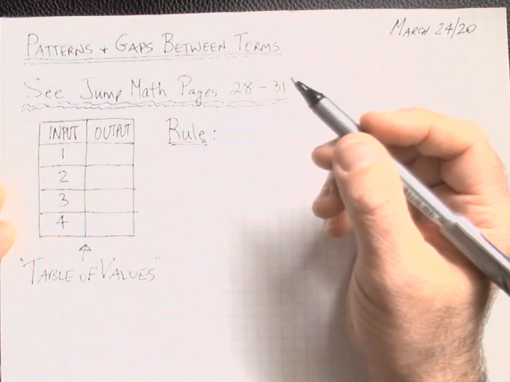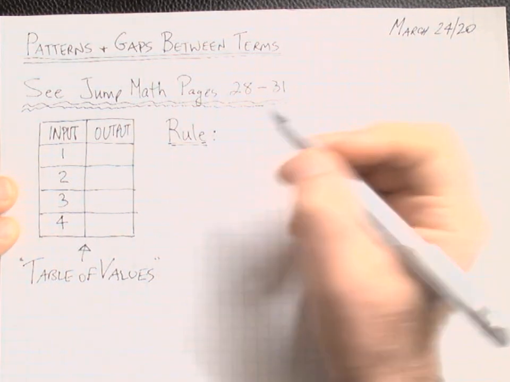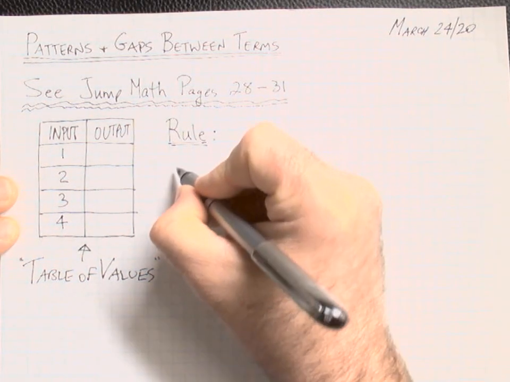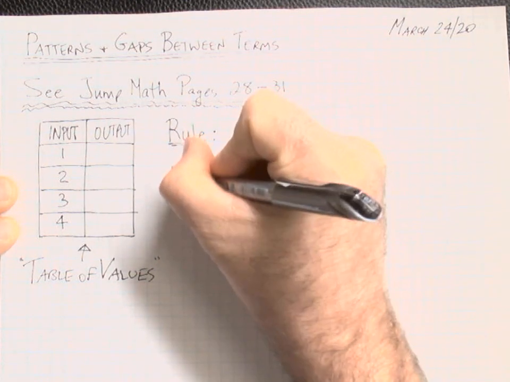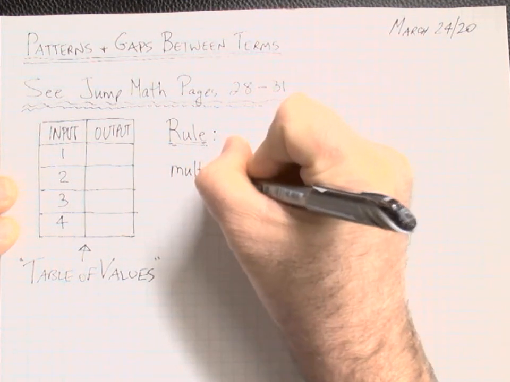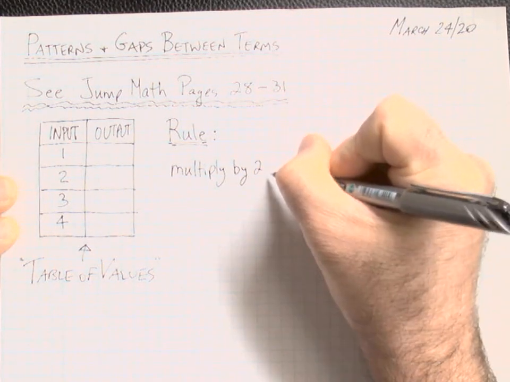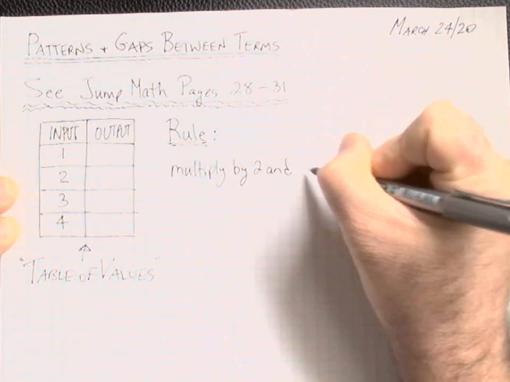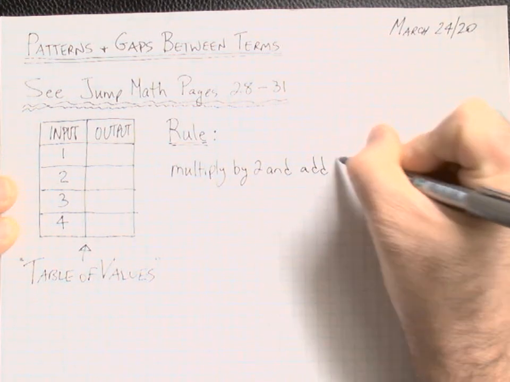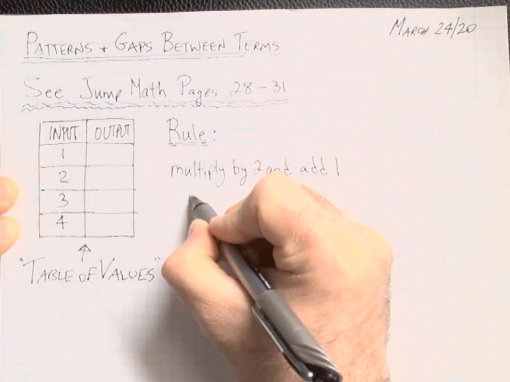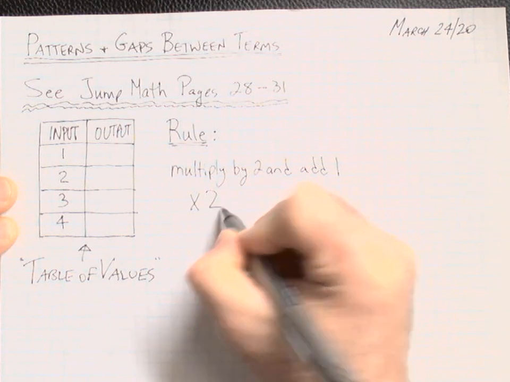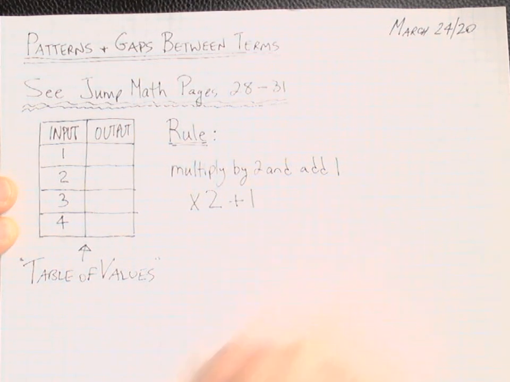So the rule for this one is going to be multiply by 2 and add 1. And we could call that multiply by 2, add 1, stated like this.